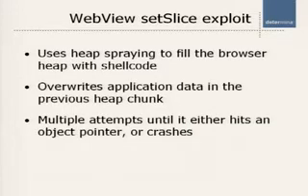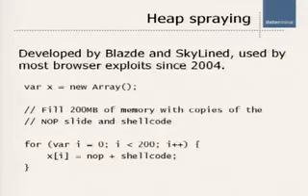In most cases, it actually worked. I was very surprised. It did work pretty well, but it was not 100% reliable. So I was trying to improve upon this exploit. But before we get to that, let's talk about heap spraying for a little bit.